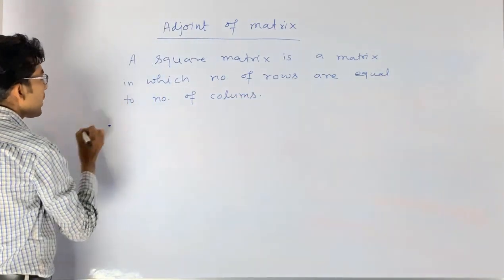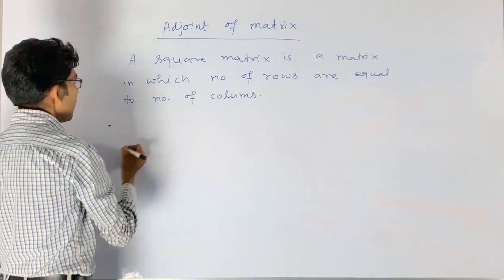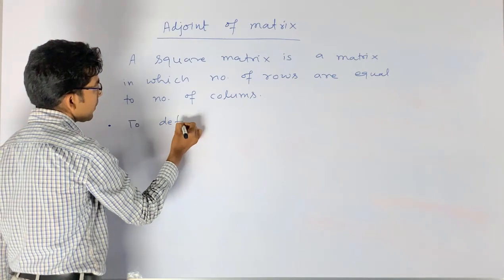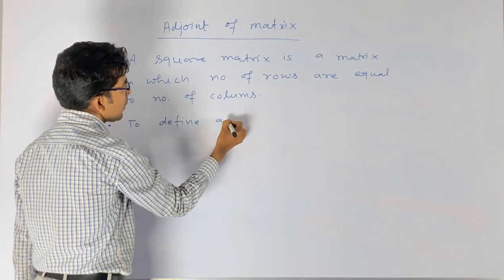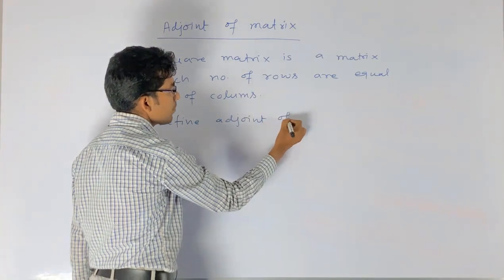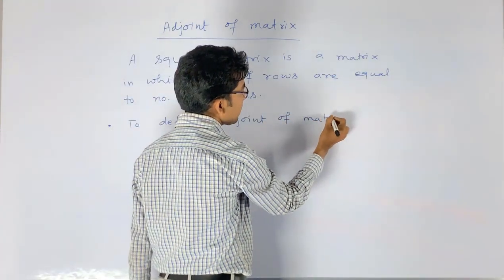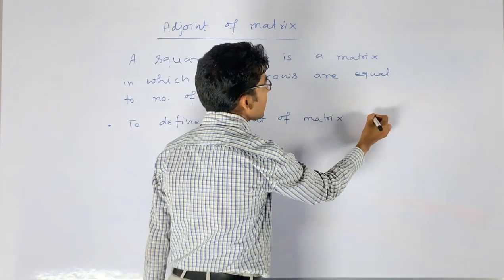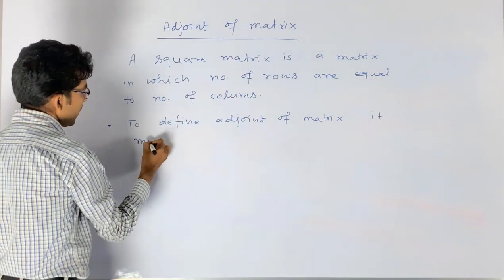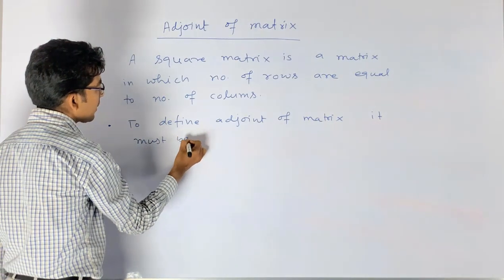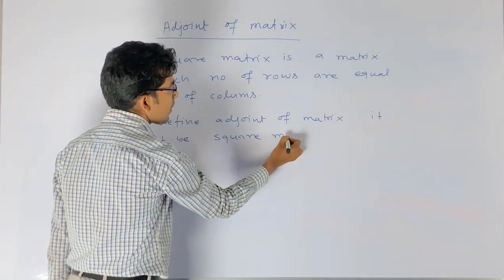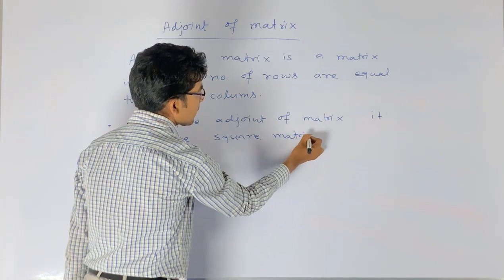So first point, to define adjoint of a matrix, it must be a square matrix.